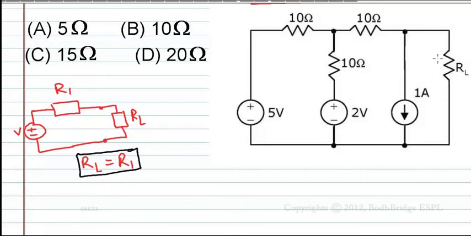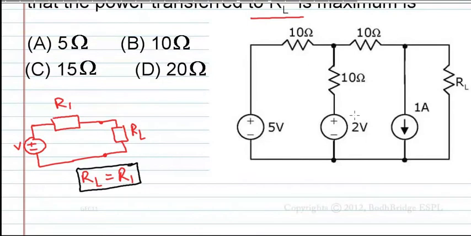Okay, so the value of RL is nothing but the internal resistance of all this. Means I want to simplify this whole circuit in this form.